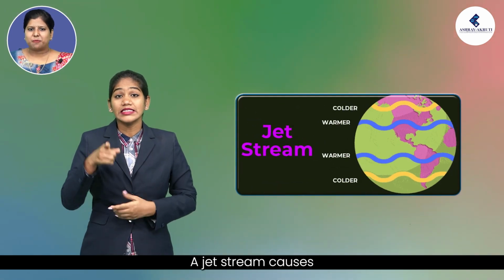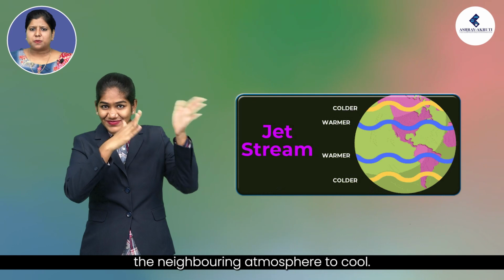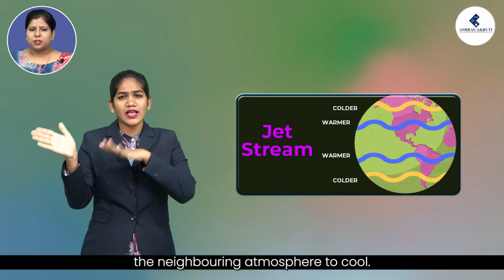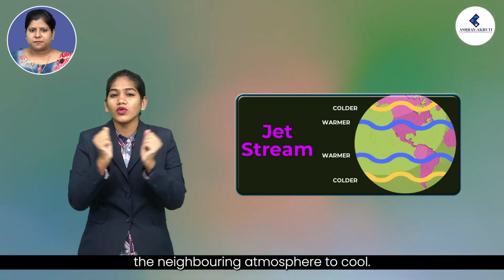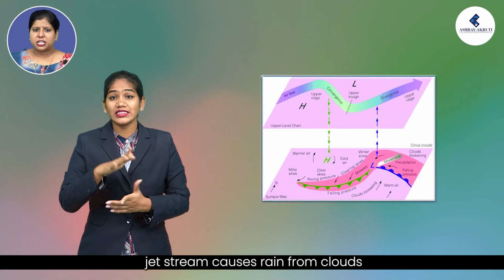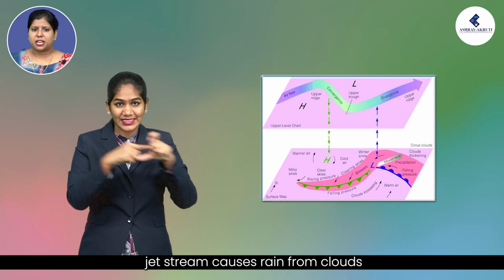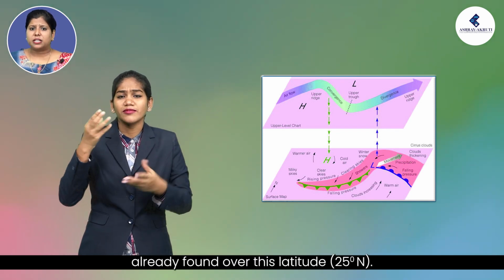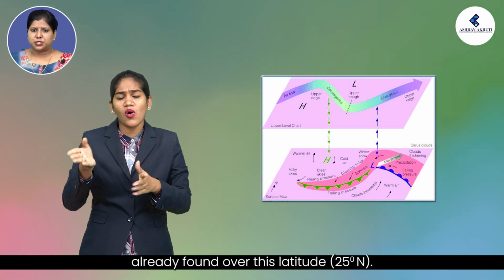A jet stream causes the neighboring atmosphere to cool. This cooling effect of the easterly jet stream causes rain from clouds already found over this latitude.